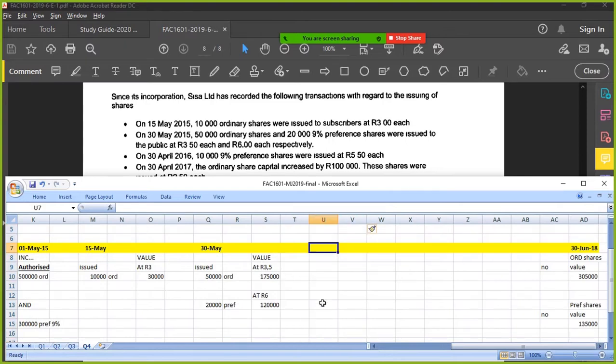What's next? 30 April. Let me put in the year as well, because that might make a difference. In 2016, you issued 10,000 pref shares. So more pref shares, an additional 10,000 pref shares at 5 Rand 50.